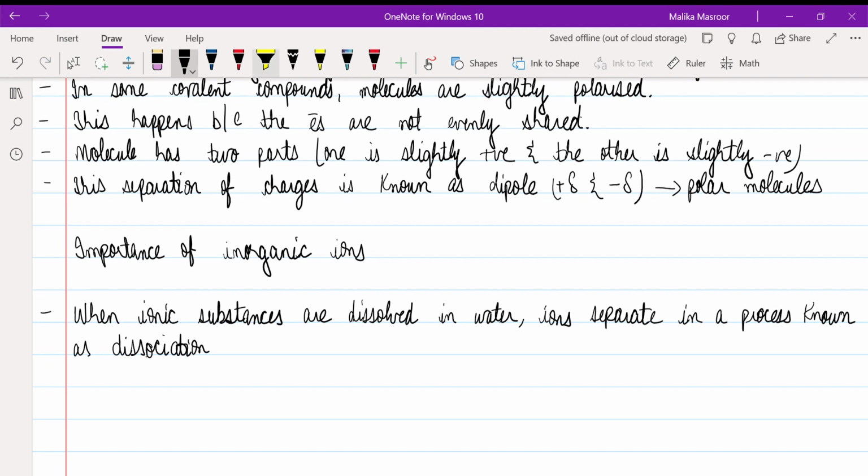And this is important. You should know what exactly dissociation is, and how the ions are present in the first place.